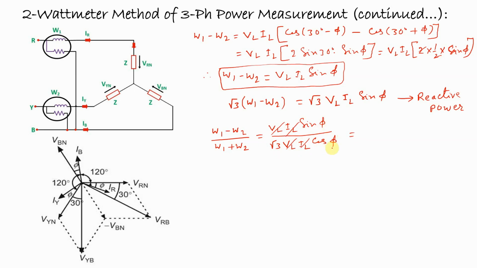It will be sin phi upon cos phi, that is tan phi upon root 3. In the next step, we can write tan phi is equal to root 3 into W1 minus W2 upon W1 plus W2.